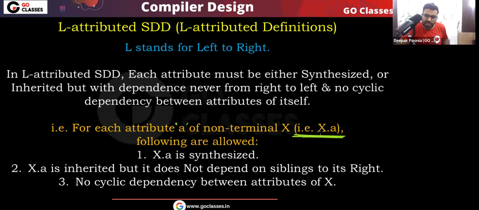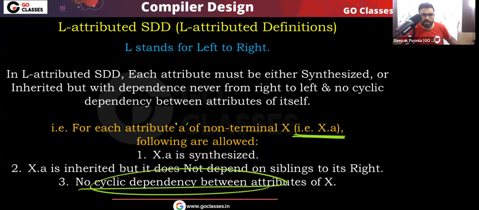If a is an attribute of X, then X.a can be synthesized, there is no problem. If X.a is inherited, then it should not depend on siblings to its right. And no cyclic dependency should be there between attributes of X, meaning between the attributes of itself.